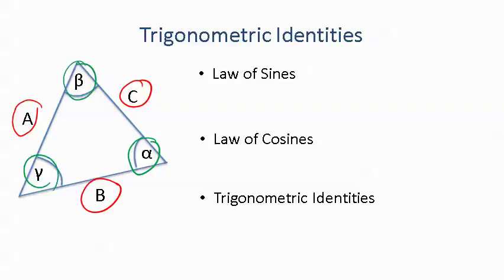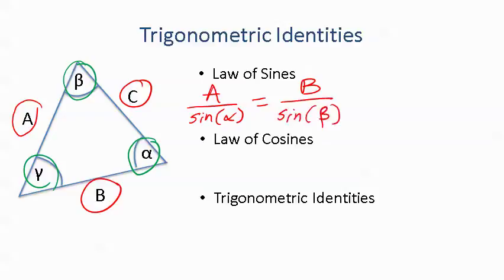So the law of sines states that side A divided by the sine of the opposite angle, which is angle alpha, will be equal to side B divided by the sine of the opposite angle, which is equal to side C divided by the sine of the opposite angle.